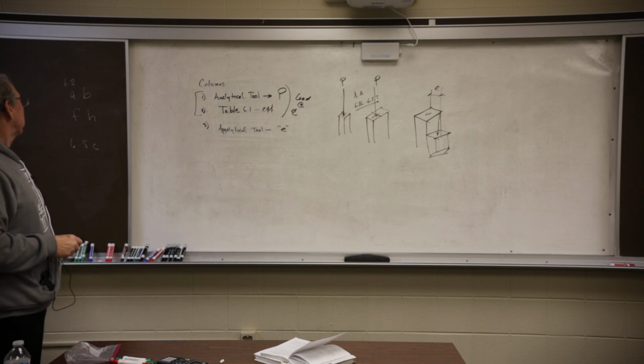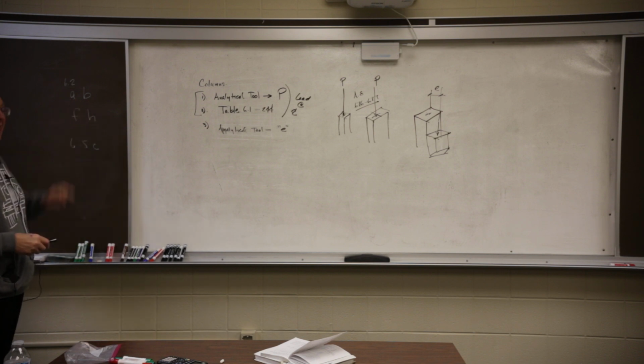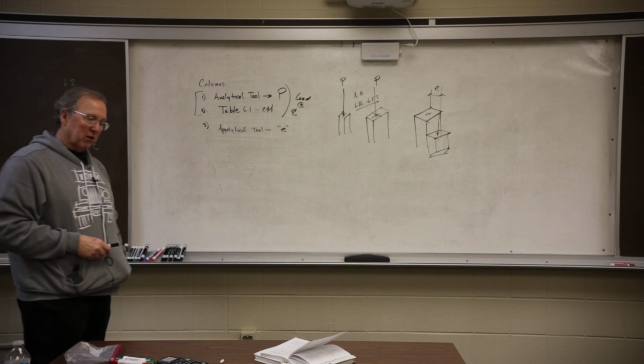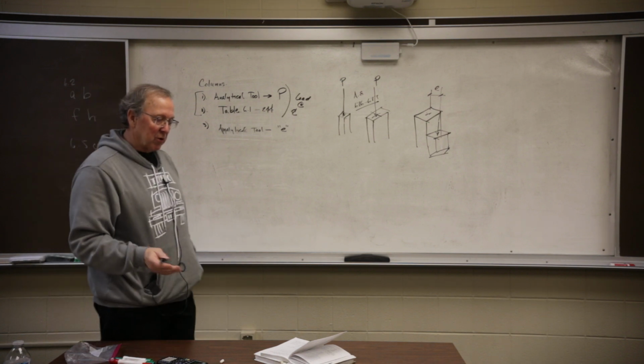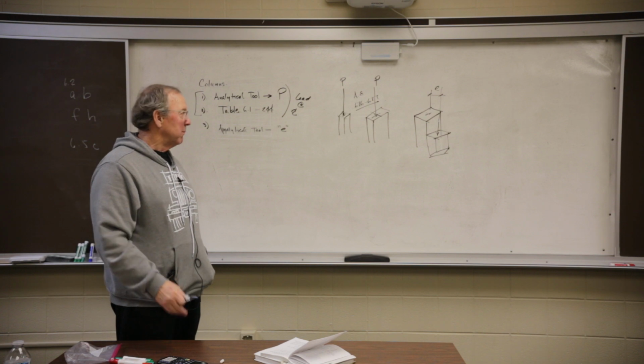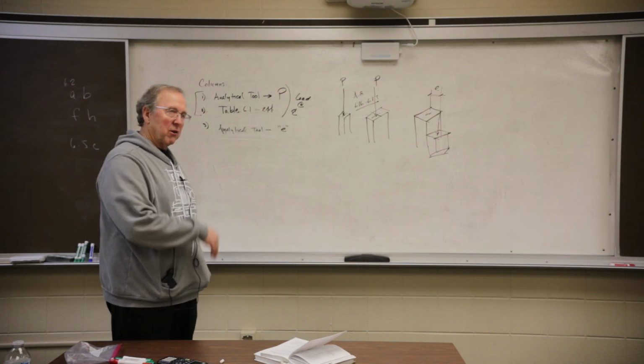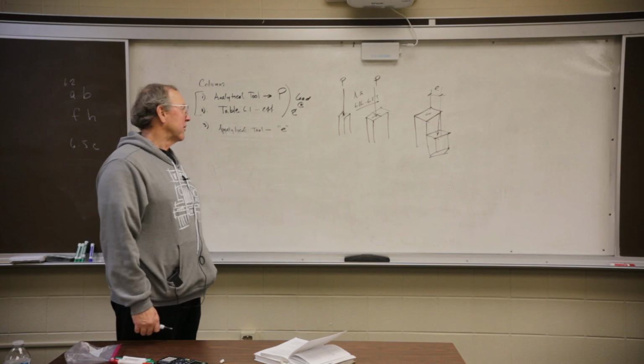I'm going to do the problems that you're not going to do. You're doing A and B, F and H in this particular area. I'm going to do the opposite problems, but then I'm going to introduce you to another problem, the one that we can run parallel using analytical and table and see if we get the same answer.